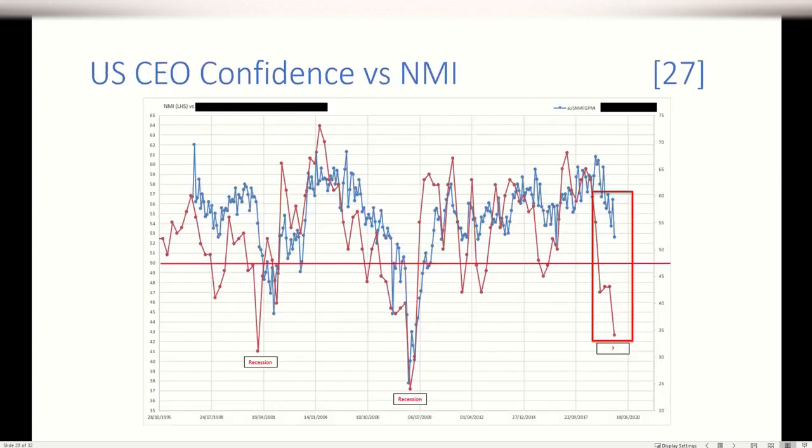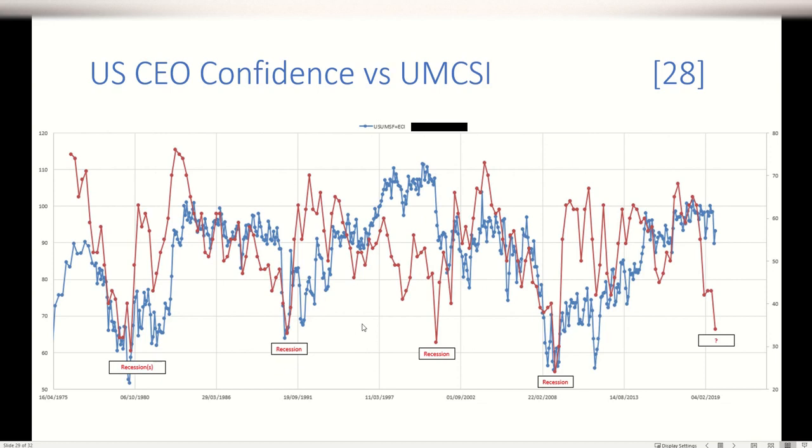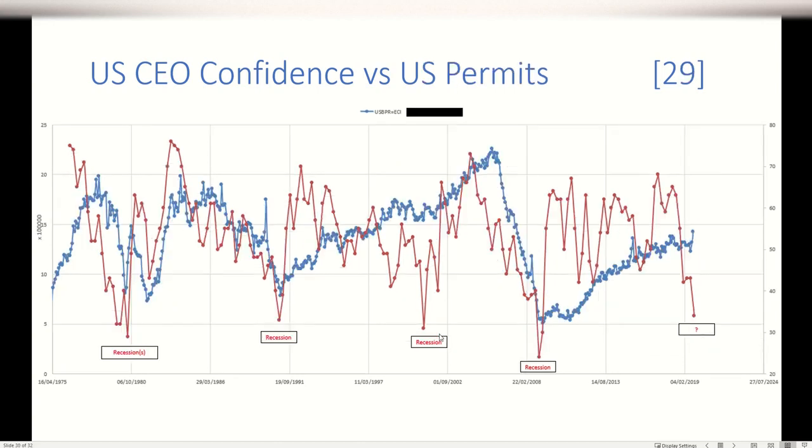So just to really hammer home the message, here it is leading the NMI, both this swing down and this swing down. When the consumer sentiment was saying everything was fine during the dot-com, the CEOs were not having it. They were not happy about that, and there they are going down. Same with building permits.